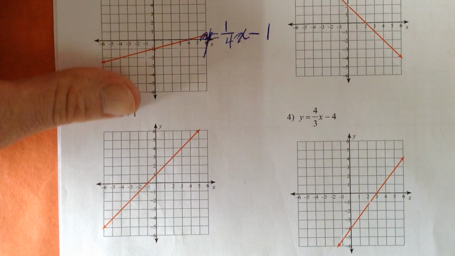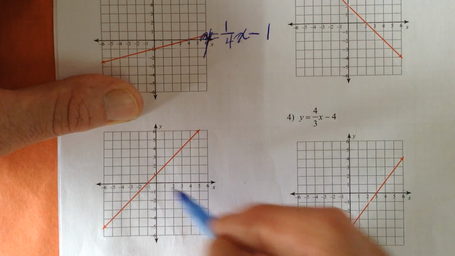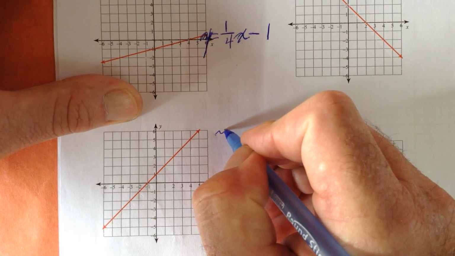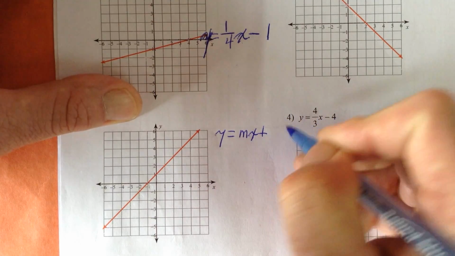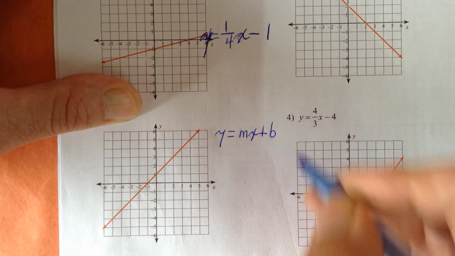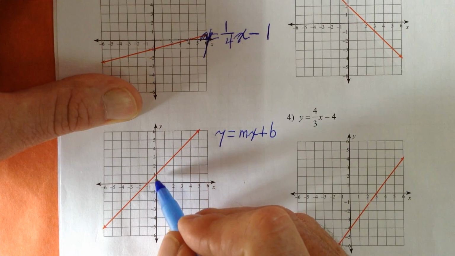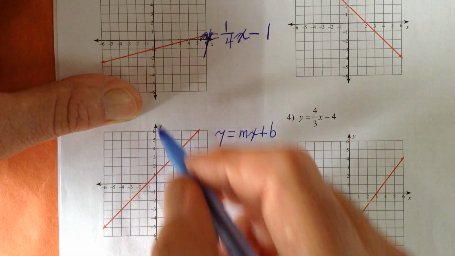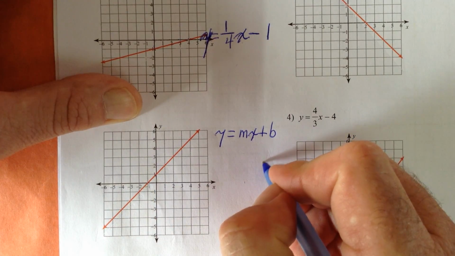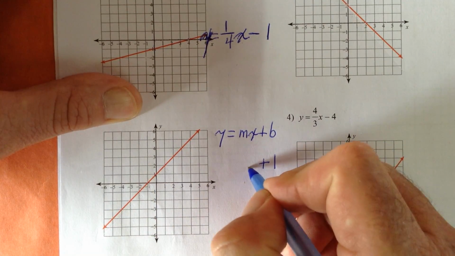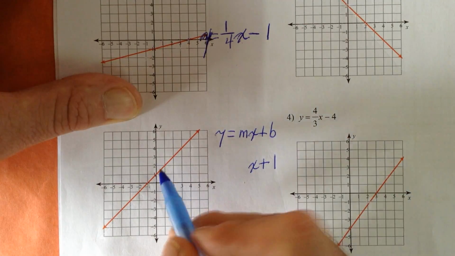Okay, let me cover the answer. But you can see here, here's the equation, y equals the slope times x plus whatever the y-intercept is, the b. So if I look here, this is the y-axis, it gets crossed at number 1. So this is going to be a +1. And then the slope, I can figure out the slope.